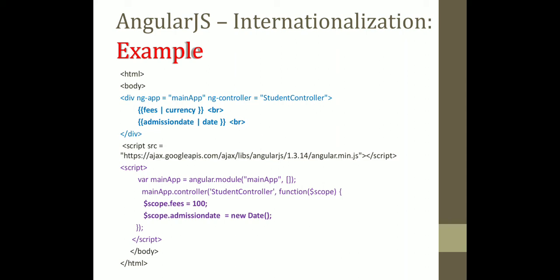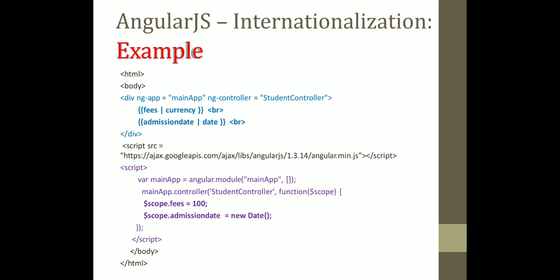Then we have defined the controller, mainApp.controller, with the name studentController and passed the function with the $scope parameter. With scope we will be defining the objects that we have defined with the filters, like $scope.fees equals 100, $scope.admissionDate equals new Date.